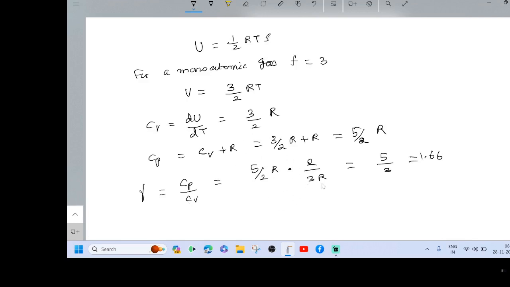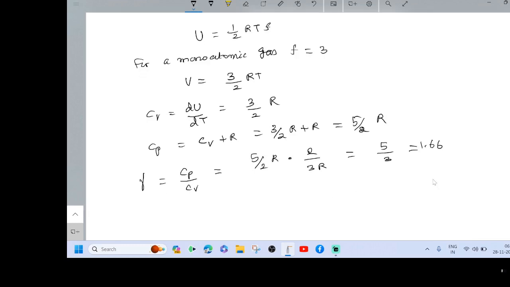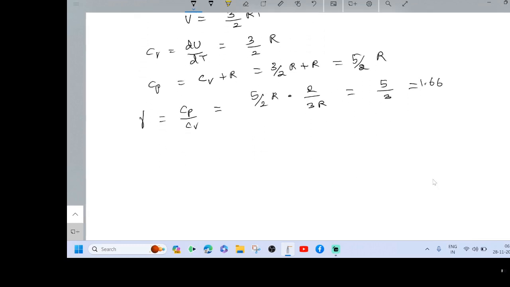The same value we have arrived at using this formula also. At the time of writing your answer, you may be expected to present the value in any form. One thing we have to know: the value of Cp is always greater than the value of Cv. Take this formula, delQ equals dU plus PdV.